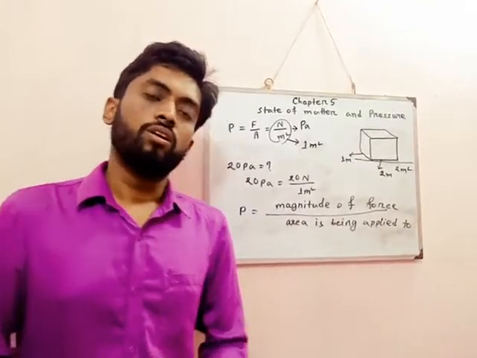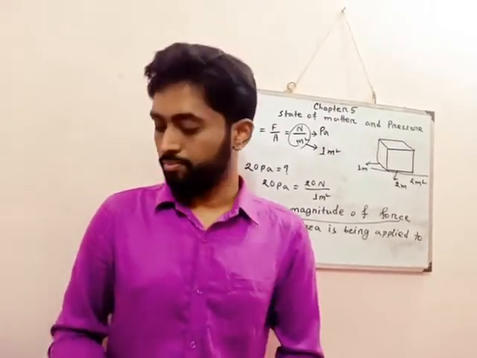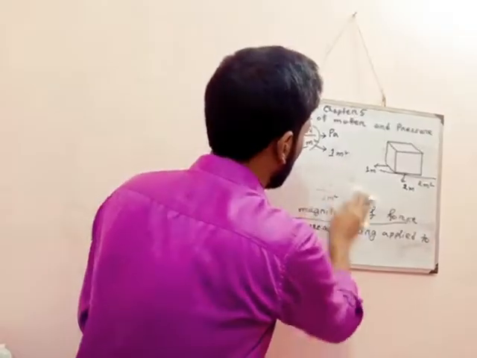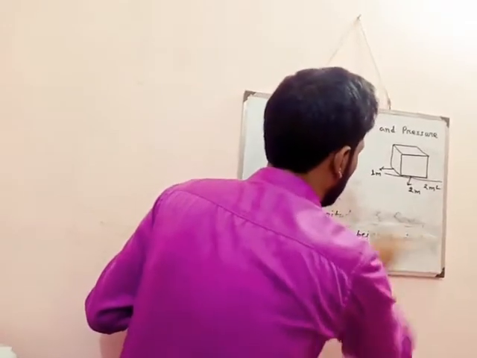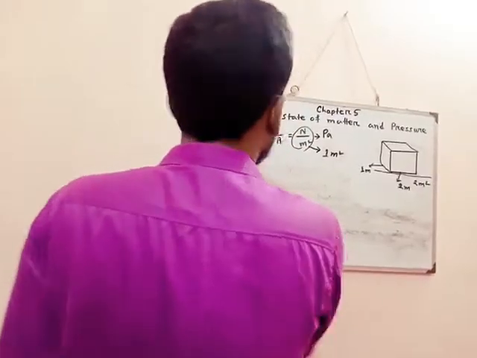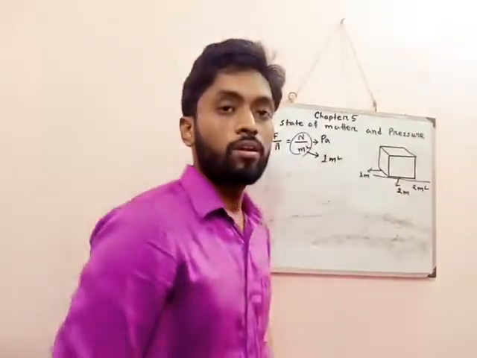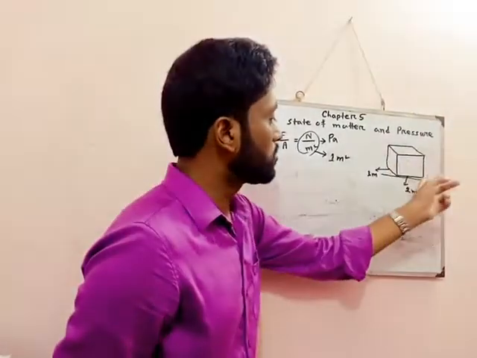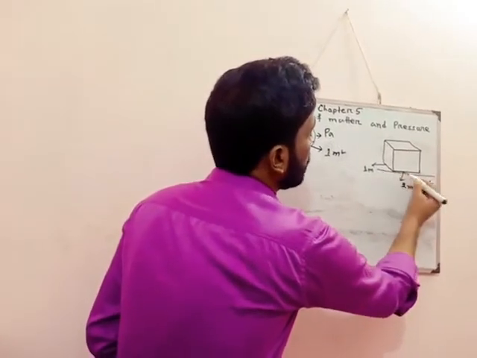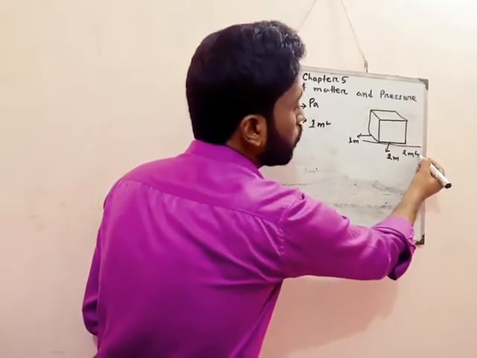Now I will prove this with two simple calculations. Suppose this box is on the table, and the contact area of the box with the table is 2 meter square.